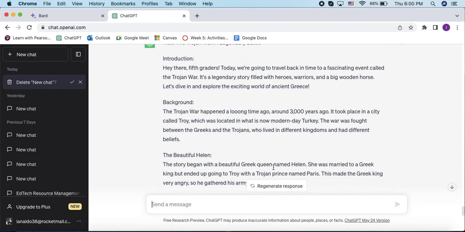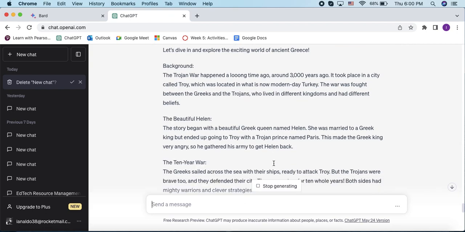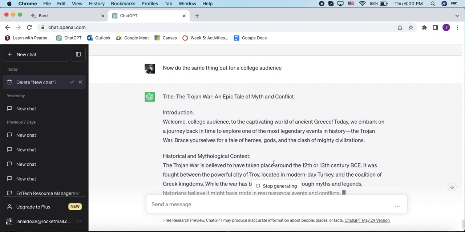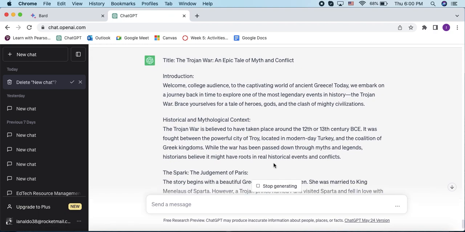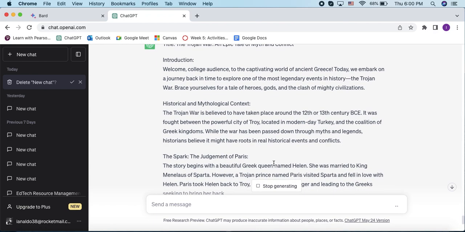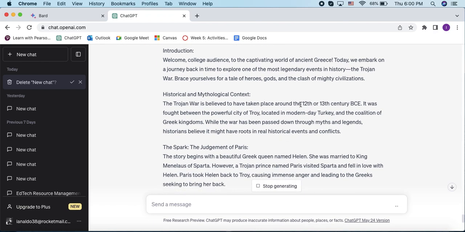Now, if we wanted the audience to be college, we can just say: now do the same thing, but for a college audience. We can see it's getting a little bit more precise.